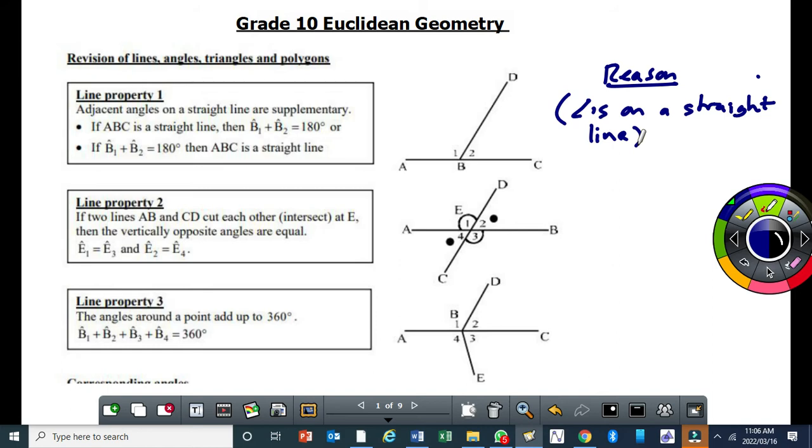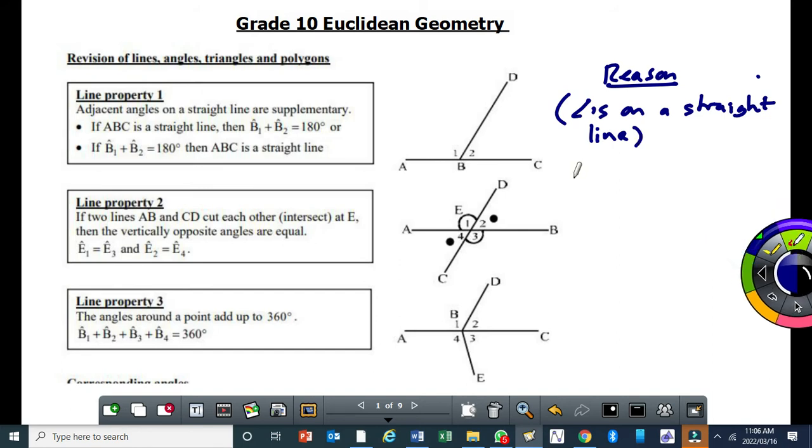The reason which is accepted for this is that opposite angles are equal. VERT is the shortcut for vertically opposite angles.